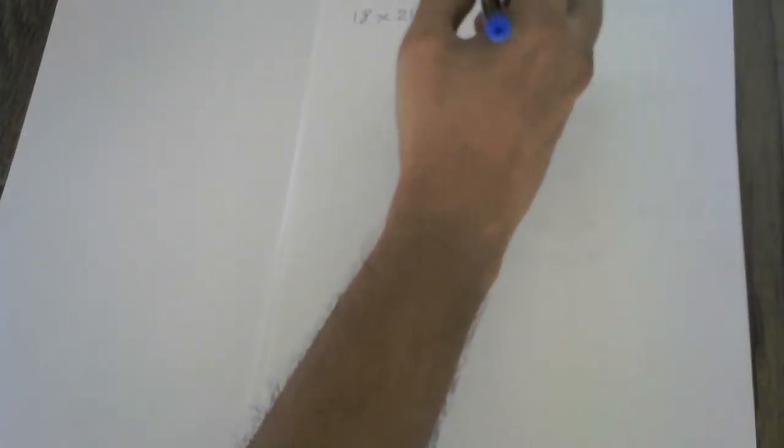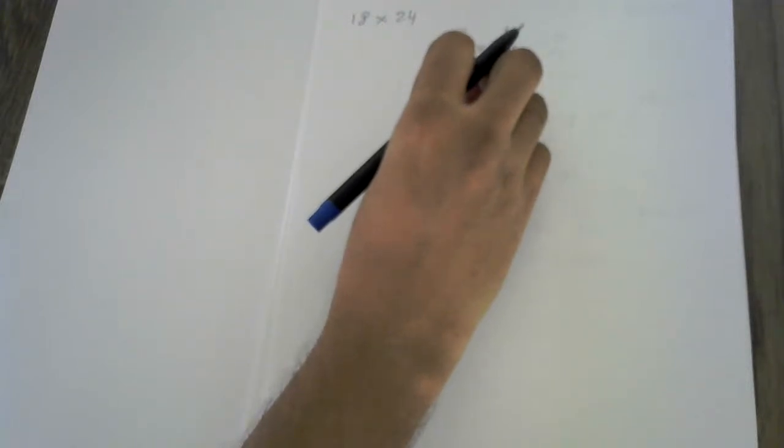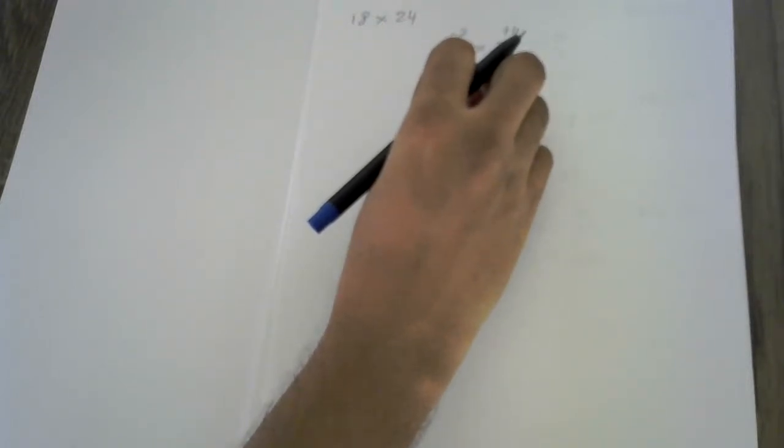So this will be minus 2 and this will be plus 4. Okay. So 18 plus 4 gives 22 and 24 minus 2 gives 22.